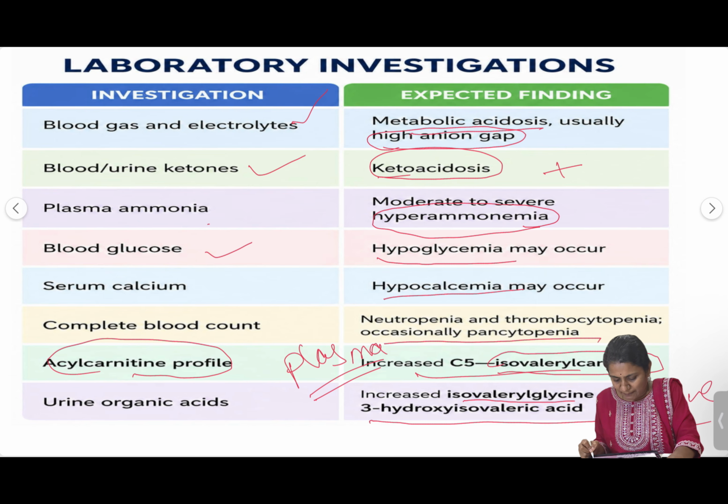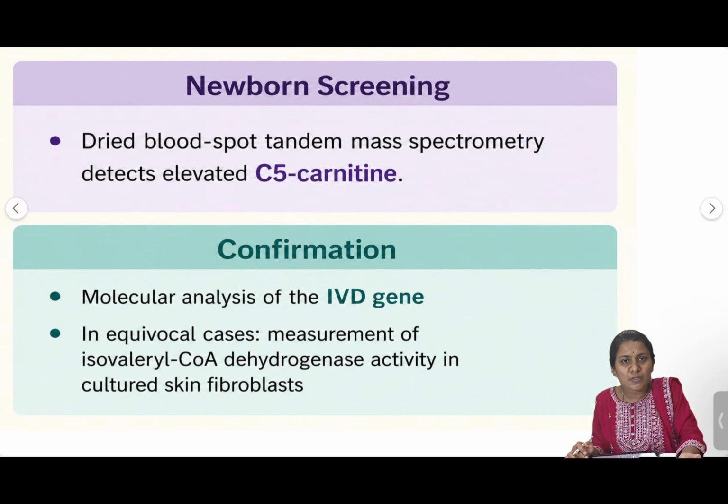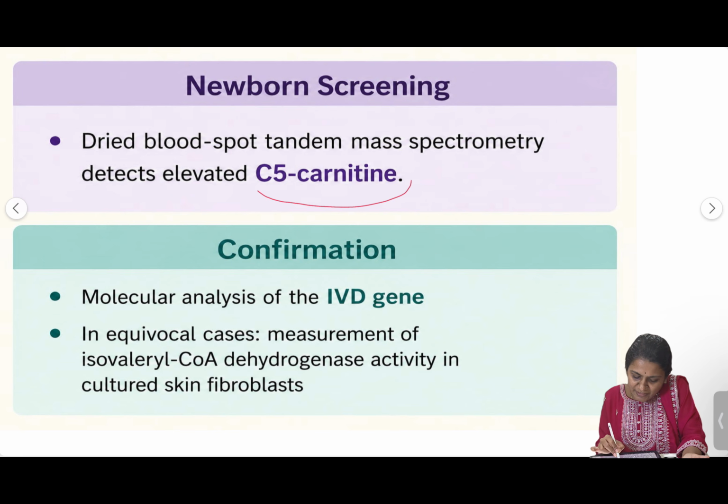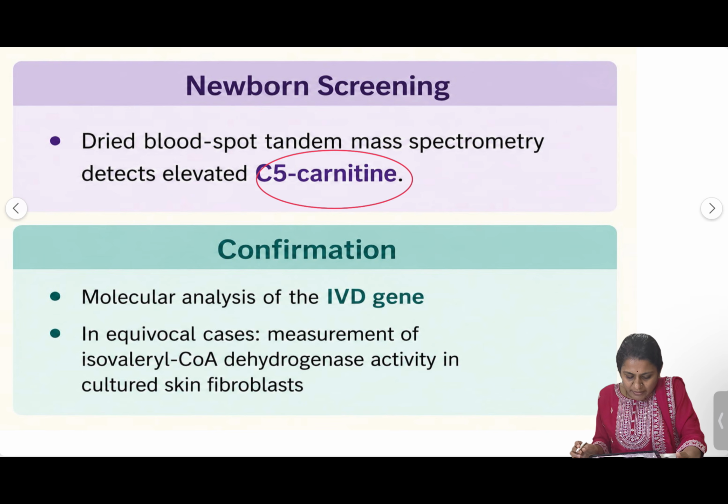Because it is more present in the plasma, when you go for TMS screening, that is dried blood spot, if you are detecting increased C5 level, that is isovalerylcarnitine, suspect isovaleric acidemia. Confirmation is genetic testing.